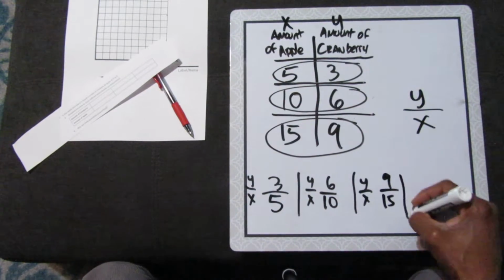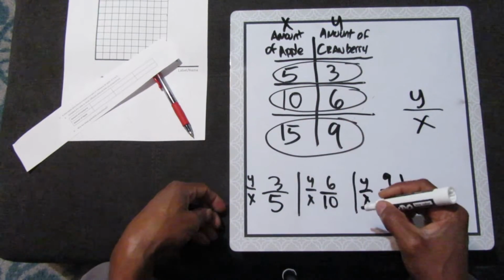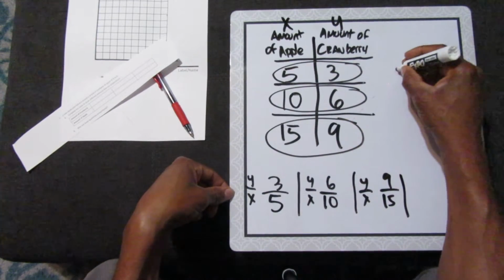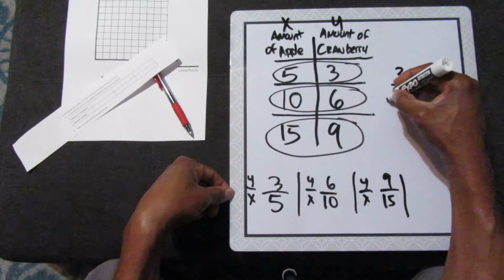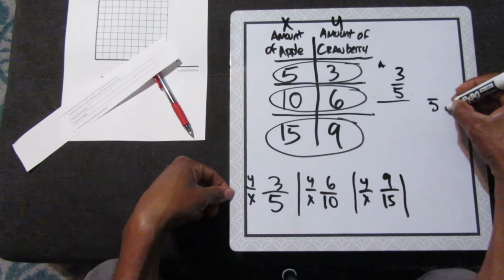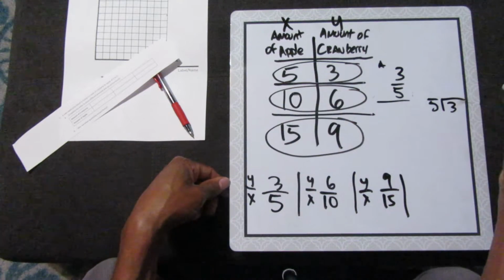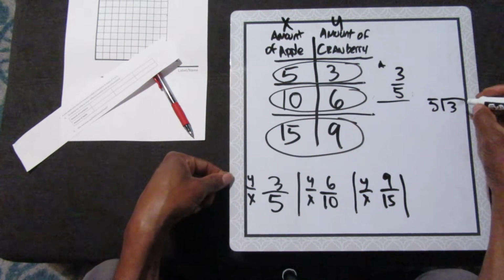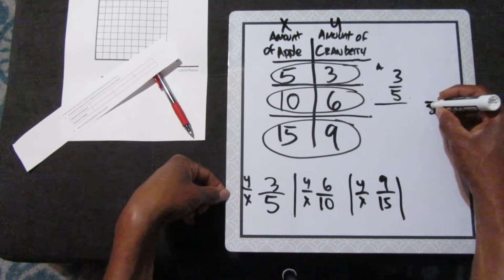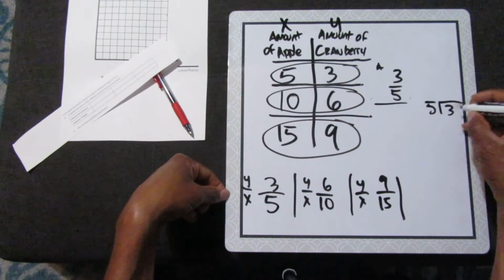Let's go ahead and find the quotient of these. I'm going to erase this here. I have 3 divided by 5. Let's do the math on the side, a little wind up, as we say, Tiger Woods. So I ask myself, how many sets of 5 are in 3? There are none.